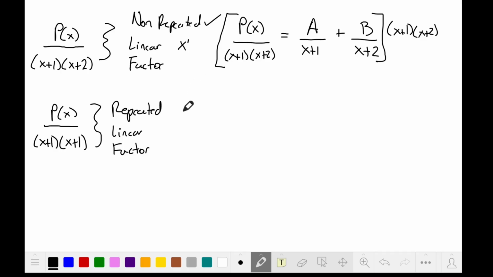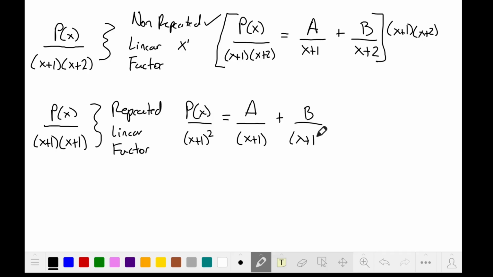So in this case, we're going to have p of x divided by x plus 1 squared, because that's just x plus 1 times x plus 1. And that's going to look like a divided by x plus 1 plus b divided by x plus 1 squared.